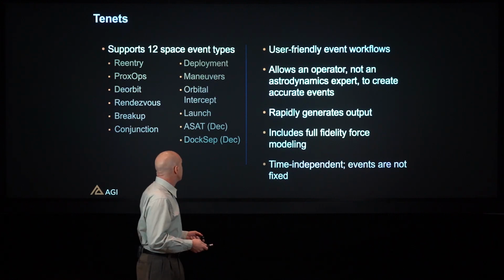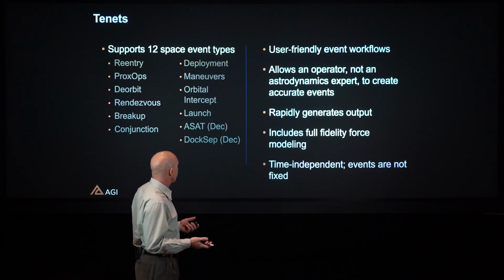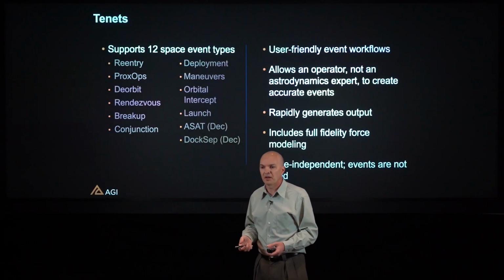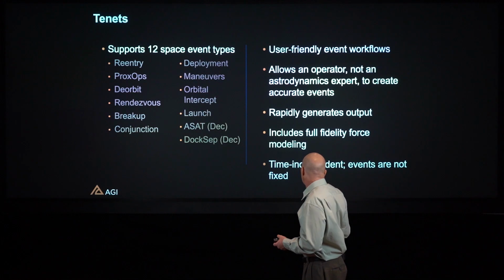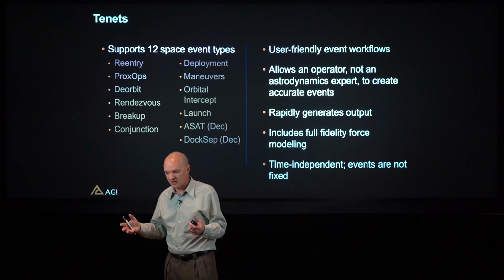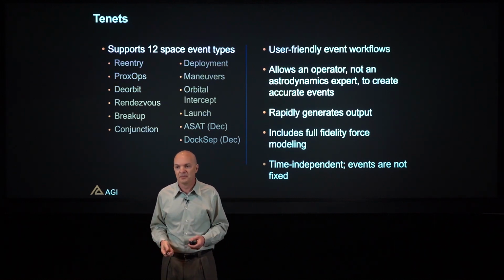So SEG has user-friendly event workflows, which allow an operator, not necessarily an astrodynamics expert, to build these events, build a scenario, and create a set of linked events. SEG is timely. It includes full force modeling, or full fidelity modeling, and time independent, where when you create a scenario with a series of events in it, you can move those around as you need.